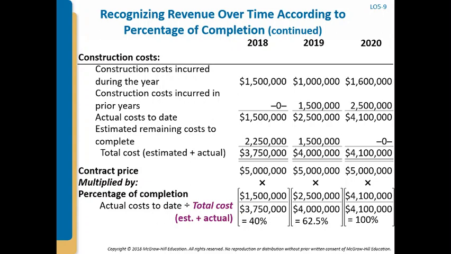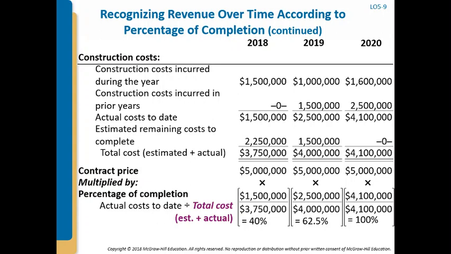Then, so that's your numerator. And then the denominator is total cost. In that first year, estimated total cost was going to be 3.750, and so 40% of the contract is complete. So you take your contract price of 5 million and multiply it in that first year times 40%. And so the revenue amount you recognize is $2 million.